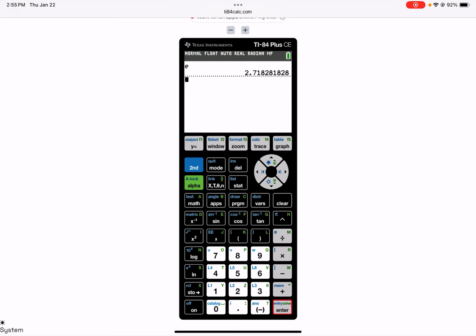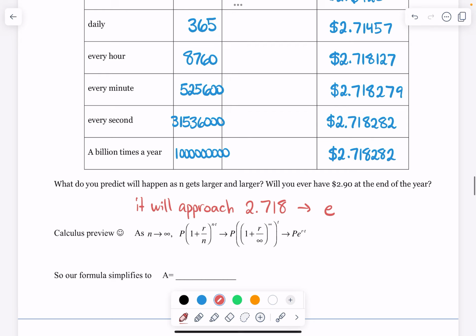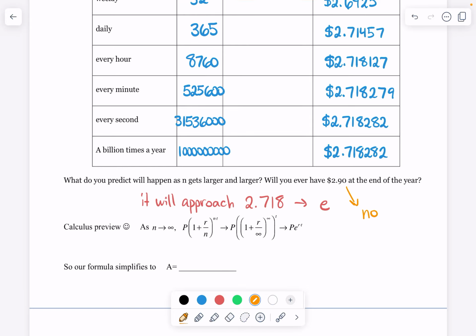This is a really important number in math, and it shows what happens when we compound continuously. Would this number ever hit $2.90 at the end of the year? No, we're going to be maxed out at about $2.72 with continuous compounding, so if we compound constantly with no breaks at any point ever.